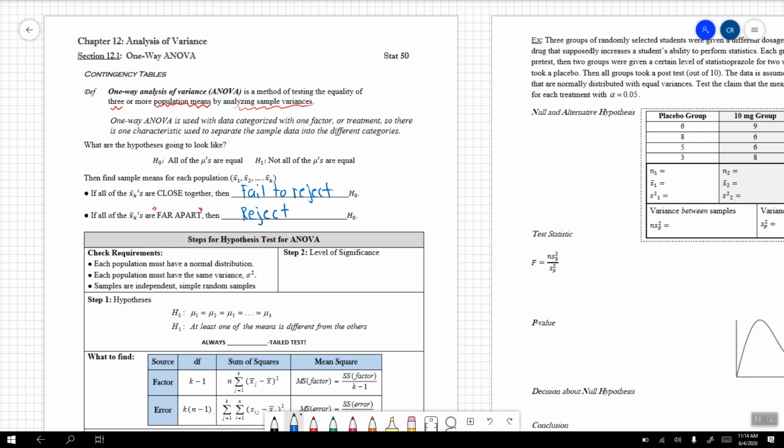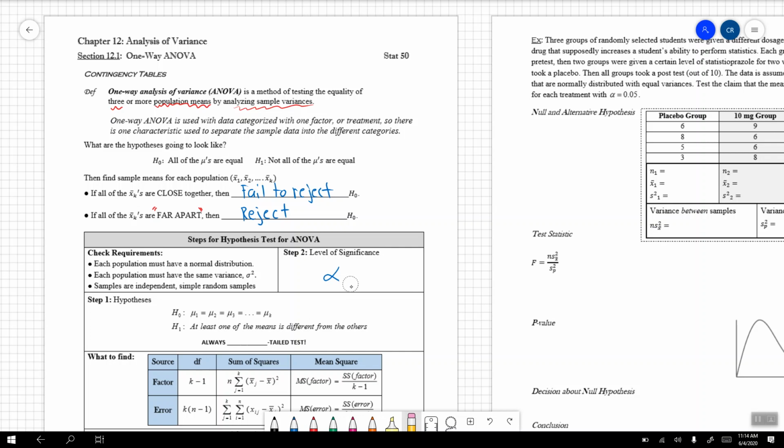It seems very ambiguous. But as with everything that we've been doing so far, once we got into chapter 7 when we were doing confidence intervals, chapter 8 hypothesis testing, chapters 9, 10, 11, and now chapter 12, we always have to look at a level of significance.